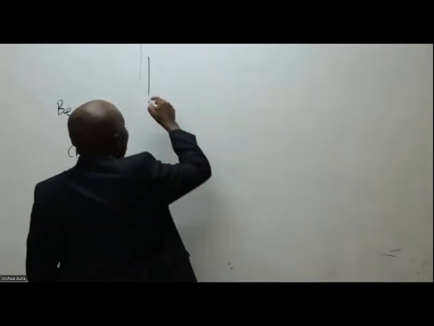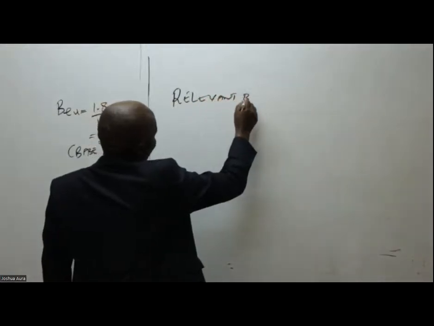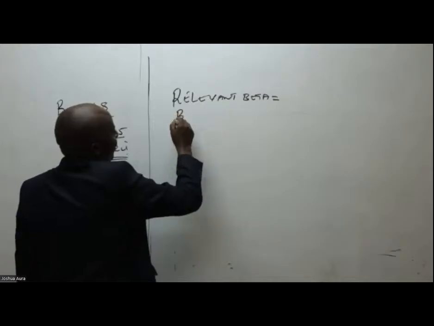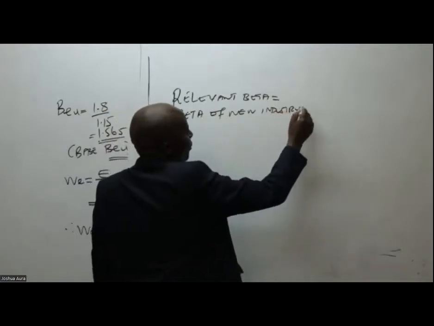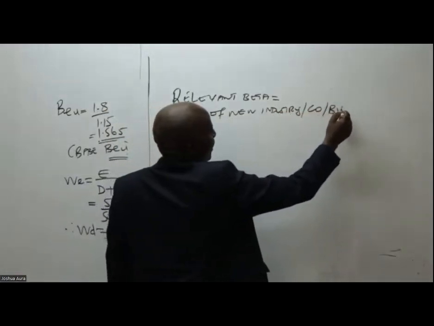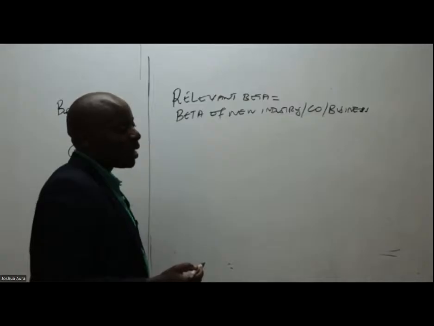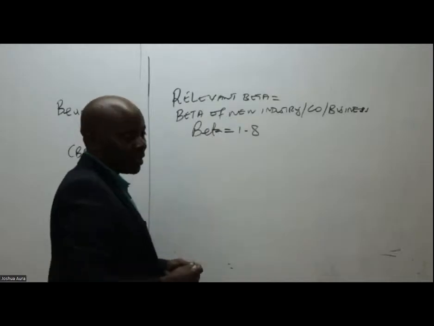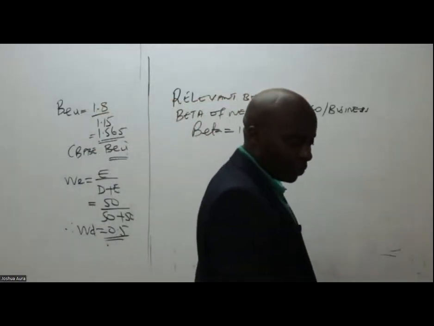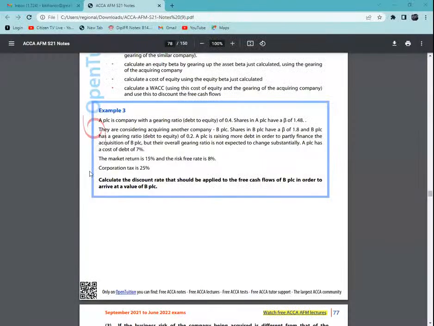The relevant beta is the beta of the new industry, new company, or new business. The beta they have given me is 1.8, the beta of the new business.